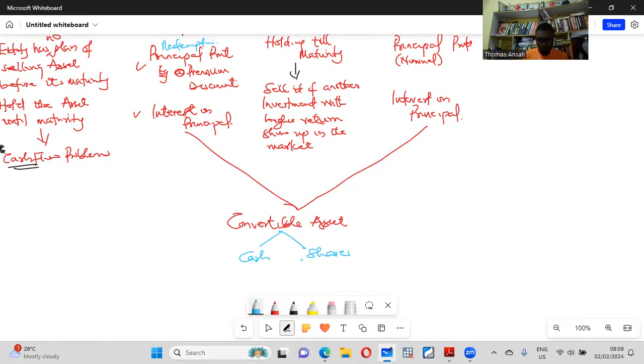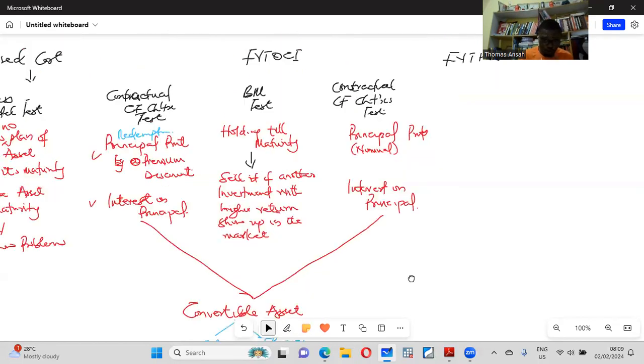So if you see a convertible, it is not amortized cost nor fair value through OCI. So be careful. It is not. In that case, it means that it will be probably the third one, which is what? Fair value through P&L.